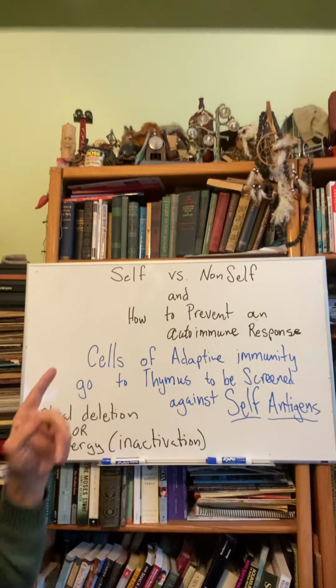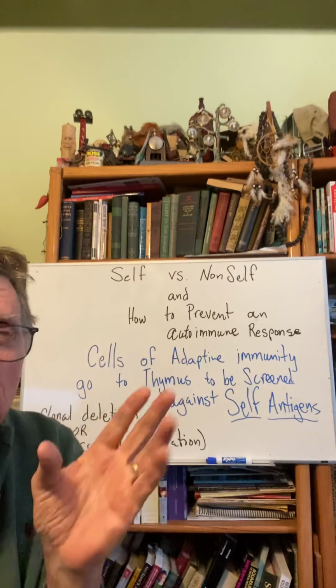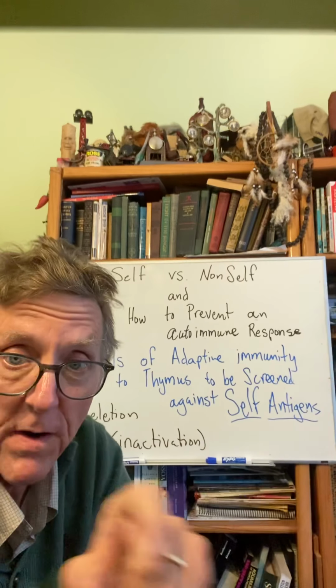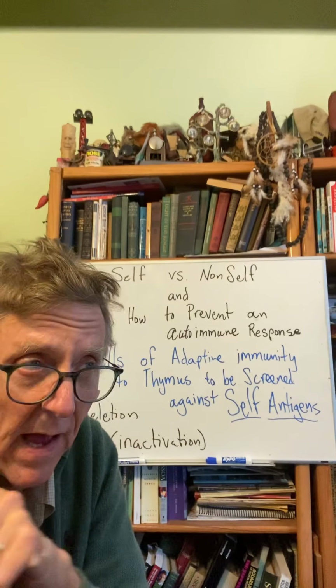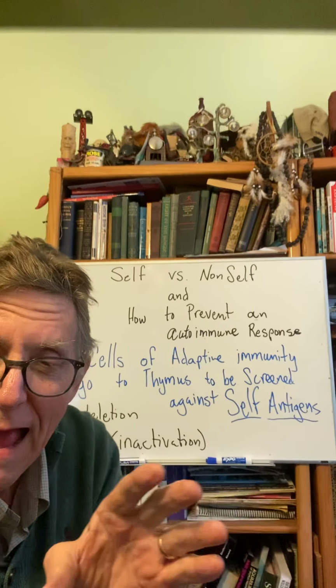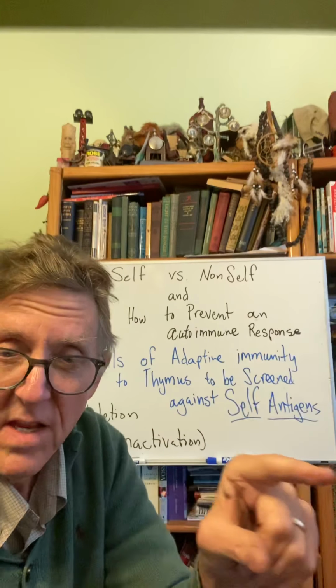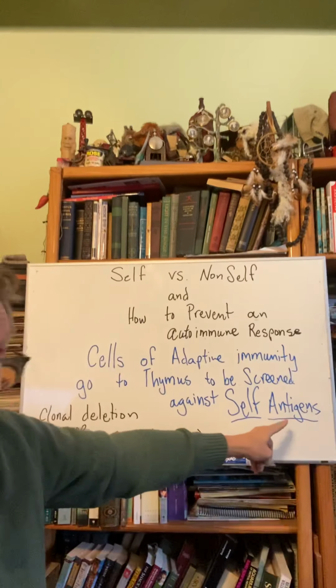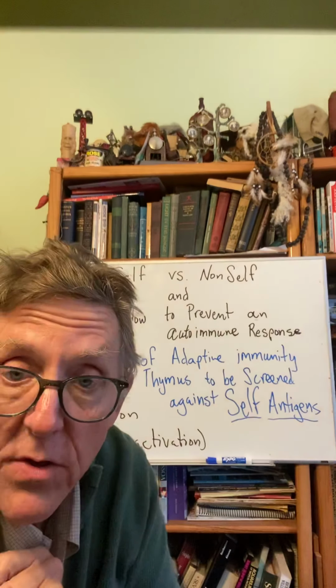So these B cells and T lymphocytes, the two major types of lymphocytes, are going to go to the thymus and be tested to see if they can bind to and attack cell surface markers, antigens, that are you.